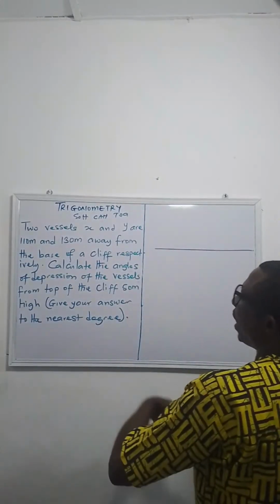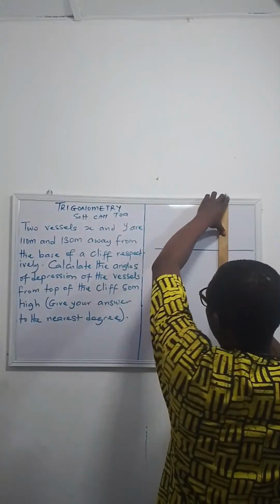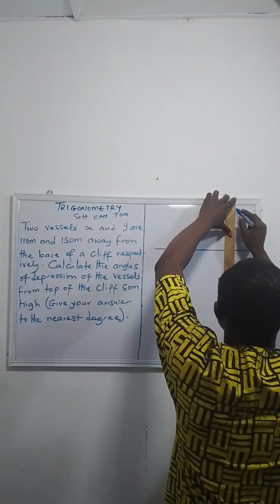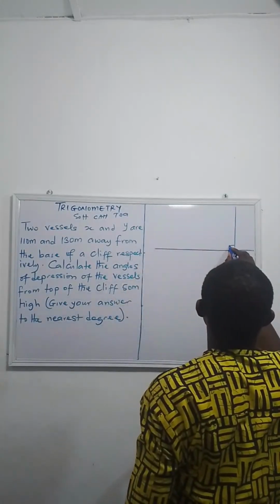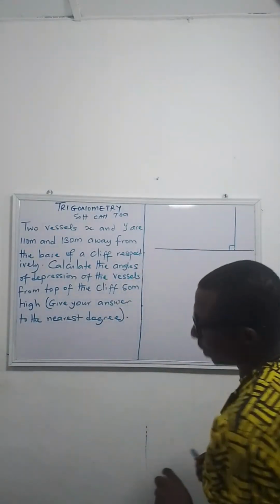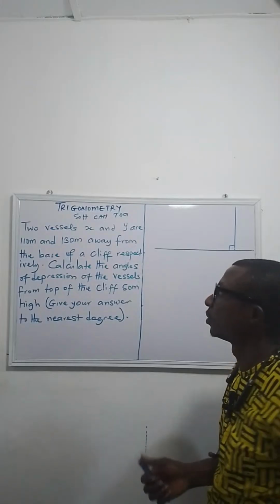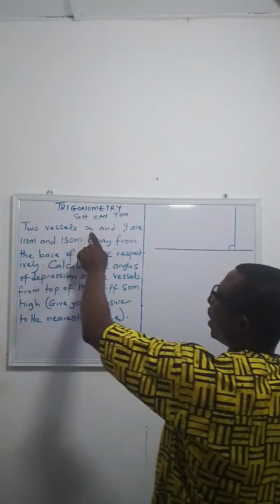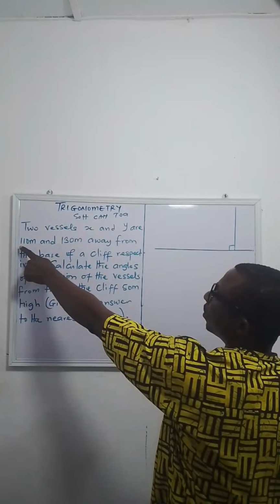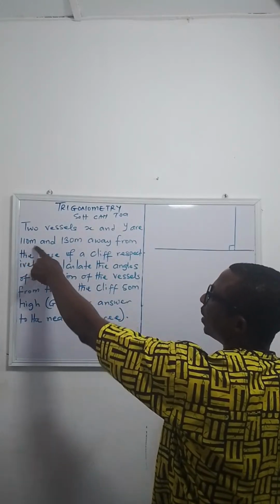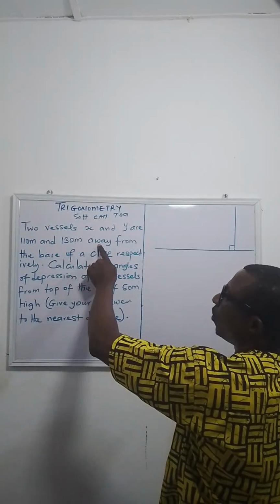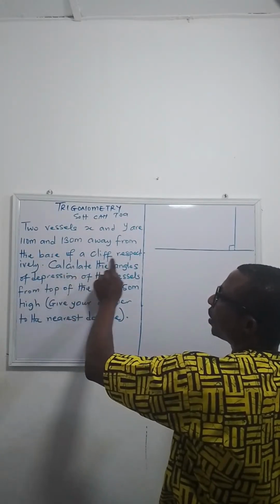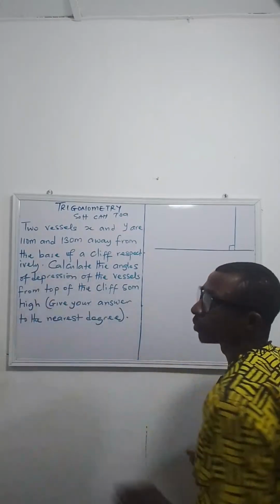Okay, so we have a cliff. A cliff is at right angle to the horizontal ground. Now two vessels X and Y are 110 and 130 away from the base of a cliff respectively.